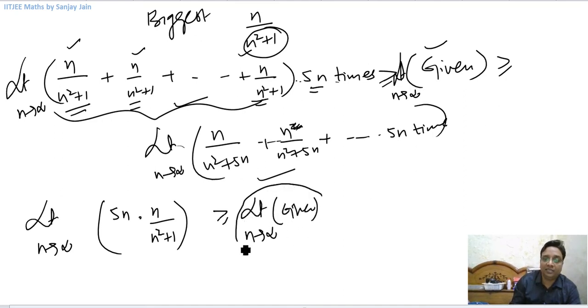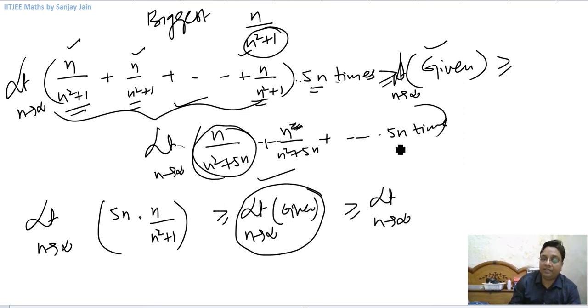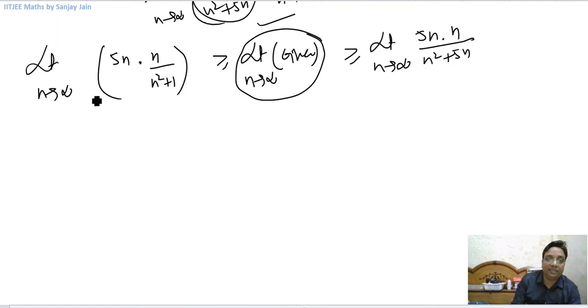Or we can say that this is the required answer and it is greater than or equal to this limit. This term added 5n times will result into 5n into n by n square plus 5n. So effectively I can solve this here.